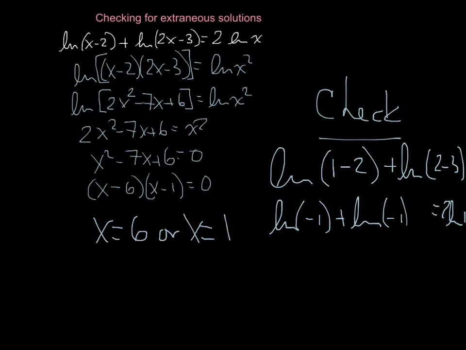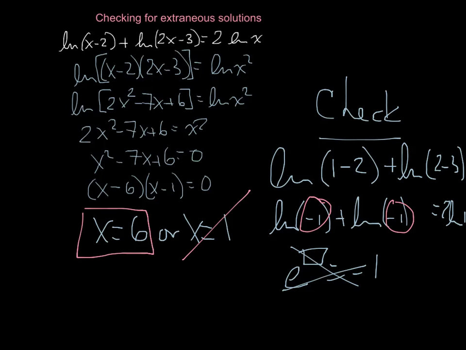One would be enough. I cannot have a log of a negative number because I can't raise e to any power that would give me a negative number. It's just not possible. So anytime I have a negative number inside a natural log, that's not possible, which means 1 is an extraneous solution. If you check 6, it does work out, so x equals 6 is my only solution for this problem.